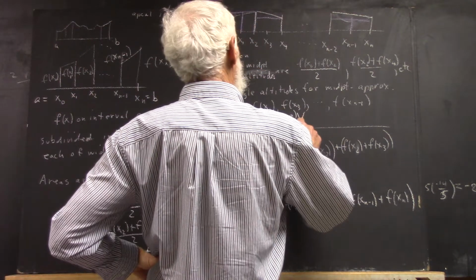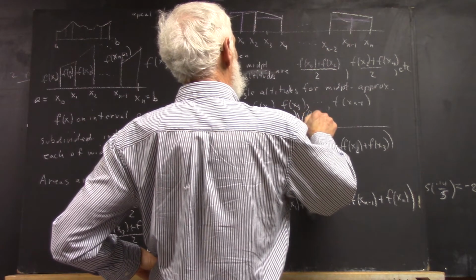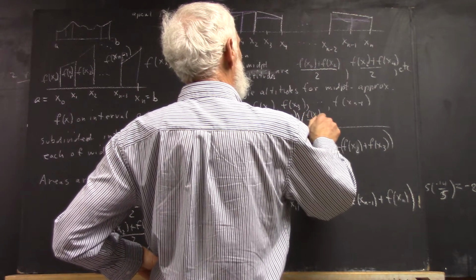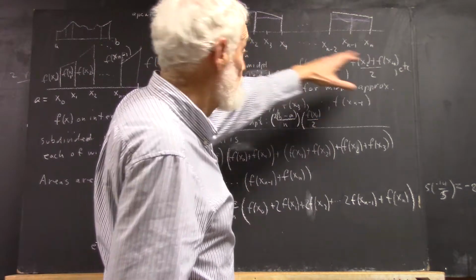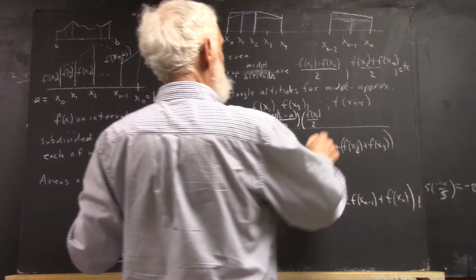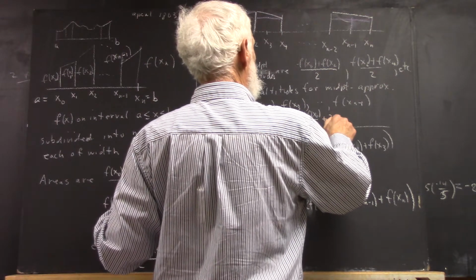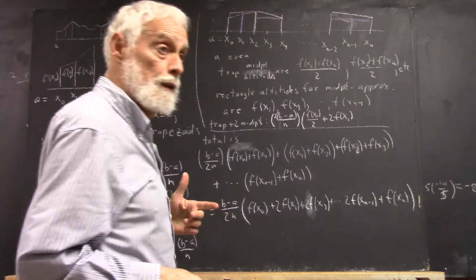Okay, then you're going to have times, first of all, f of x naught over 2, right? Because there's no other f of x naught. And then you're going to have plus 2f of x1, aren't you?